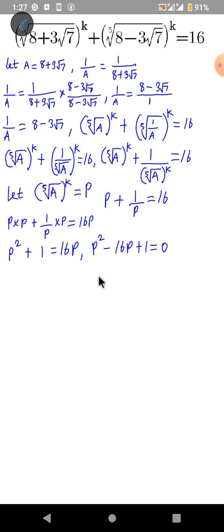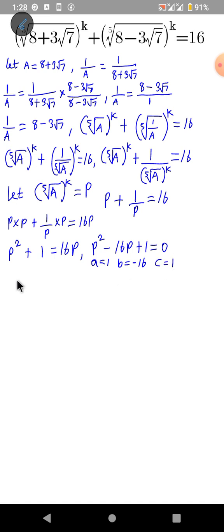So this is a quadratic equation, and this quadratic equation I'm going to solve using the formula method. Now the coefficient of P square here is what? 1. So we can say a is equal to 1. Then the coefficient of P here is minus 16, so we can say b is equal to minus 16. Then our c will be equal to 1.